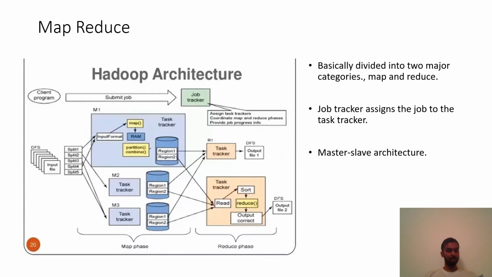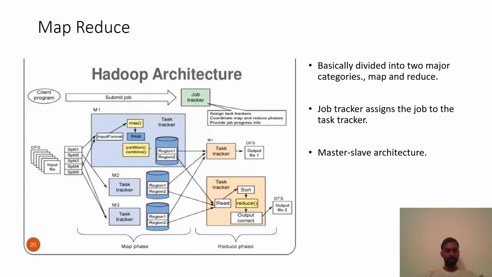When an input file enters the system, it is split, as can be seen here, into 5 parts, and each part is stored at a different task tracker. This is task tracker 1, 2, and 3.